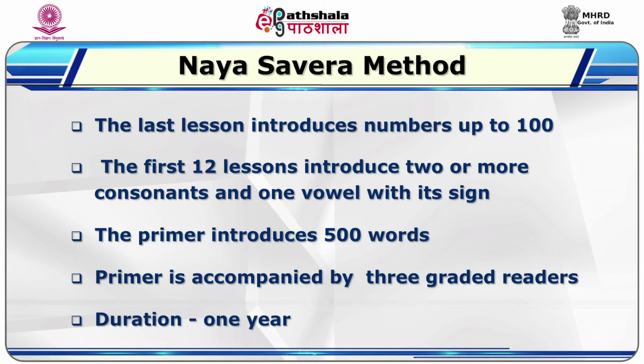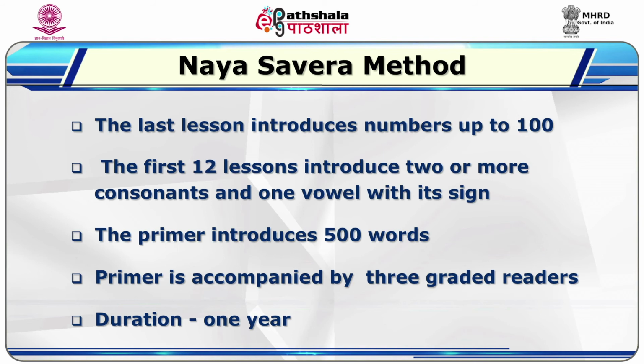The first 12 lessons introduce 2 or more consonants and 1 vowel with its sign. Each lesson has 2 or more keywords which are made with the letters introduced in the lesson or by recombining them with the letters already learned.